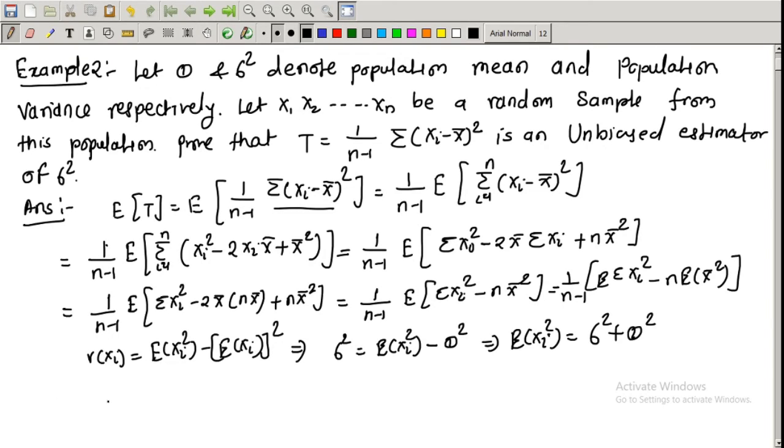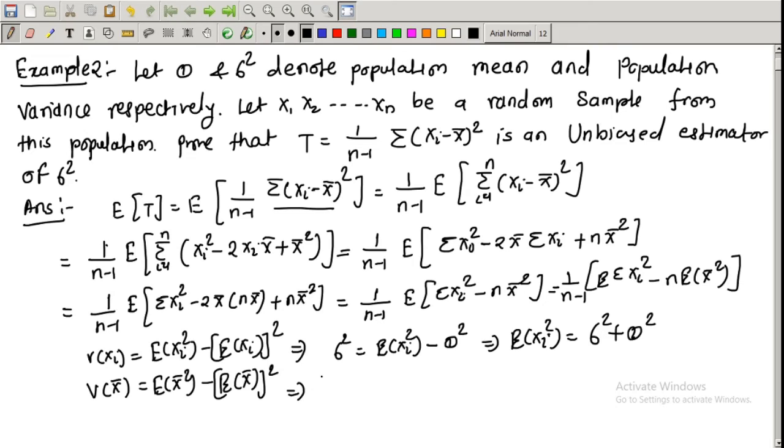Similarly, variance of x bar has the formula expectation of x bar square minus expectation of x bar whole bracket square.